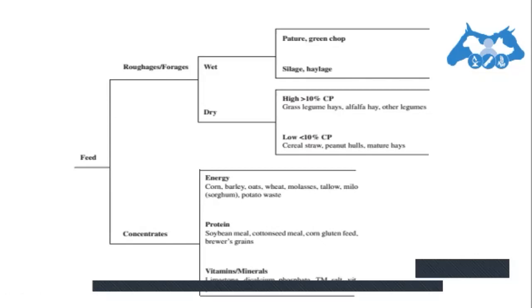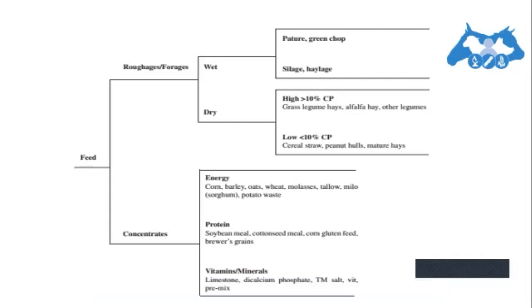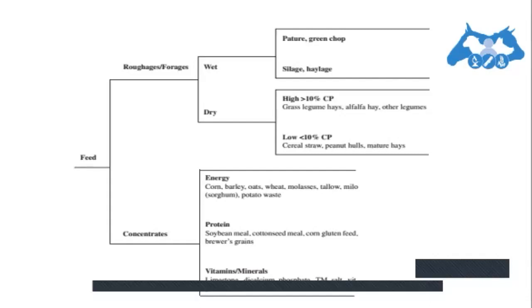It will also have a vitamin mineral portion. It will also have the fats or oils portion. So after grinding, mixing, and further processing of these ingredients, we get feed or vanda. In case of poultry, we don't call it vanda; it is known as feed simply.